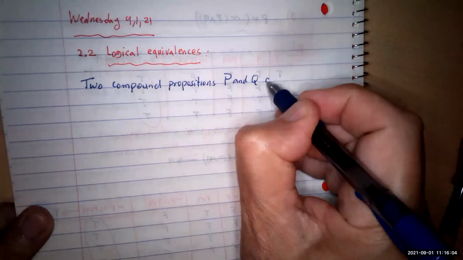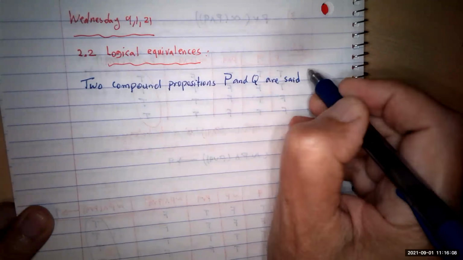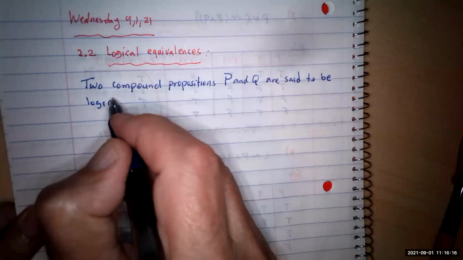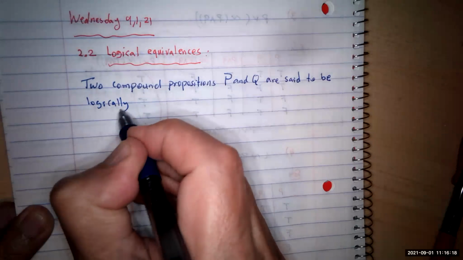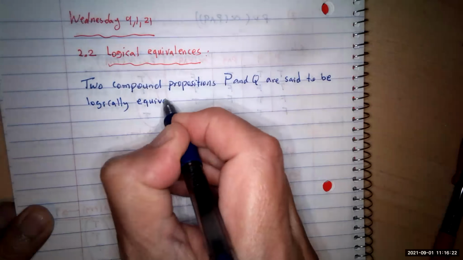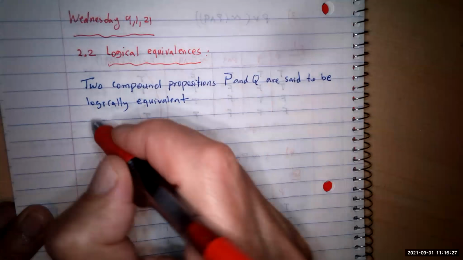They are said to be logically equivalent, like each other, if they have the same truth table.